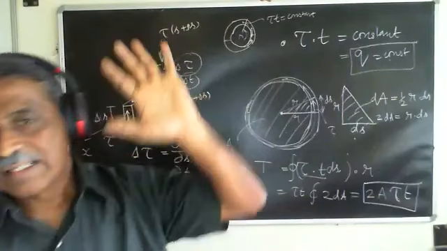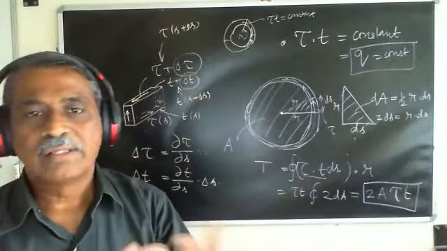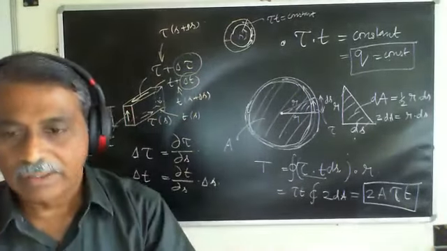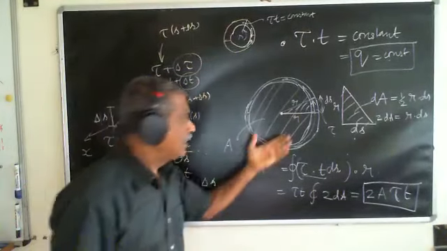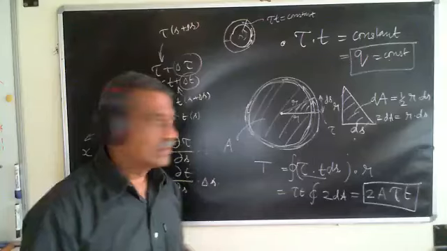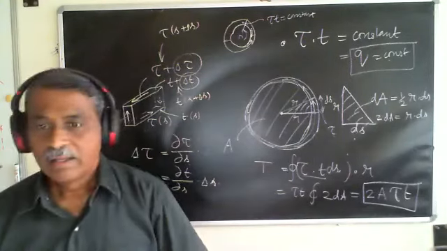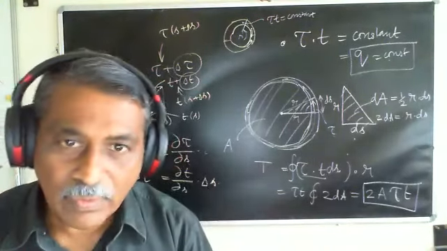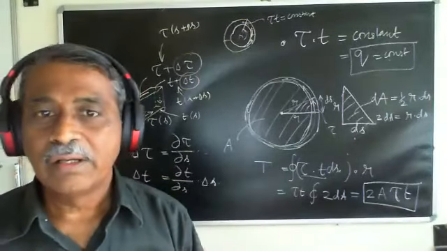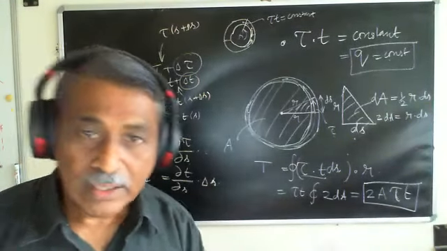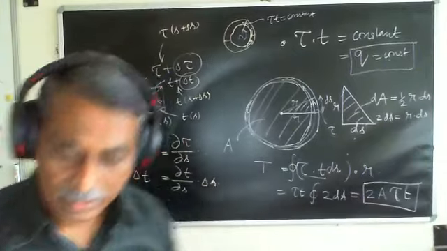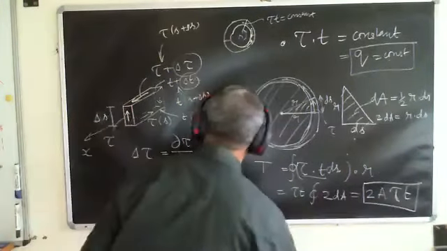We started saying circle only because that's something that is familiar, and therefore we did that. But it need not be a hollow circular section, right? The entire derivation that we did is such that I don't have to bother about whether it is going to be a circular hollow section or some other section.